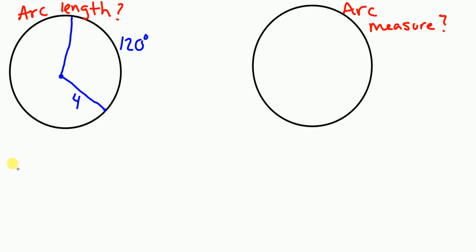So our arc length equals 120 divided by 360 multiplied by 2 pi times 4.